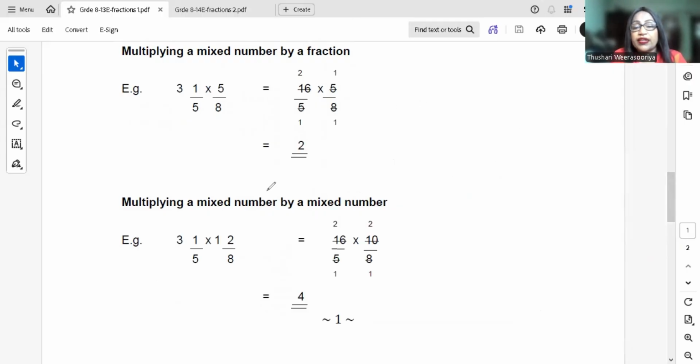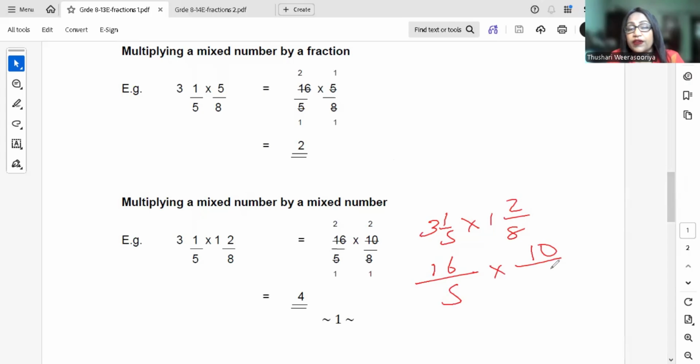I have done it here, but anyway, I'll write it again. 3 and 1 over 5, multiplied by 1 and 2 over 8. The first step, you convert into an improper fraction. 10 over 8. Now simplify. 5 times 1, 5 times 2. 8 times 1, 8 times 2. On top you get 4 over 1, that means 4.